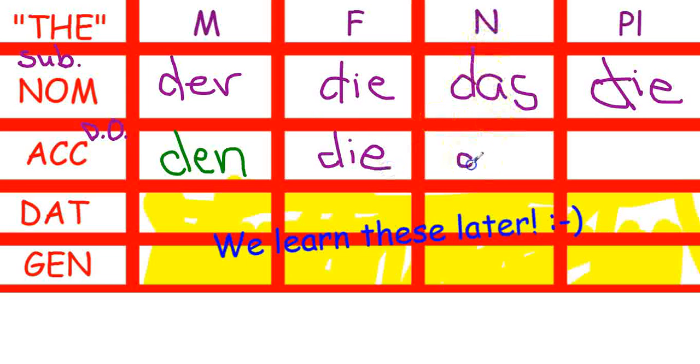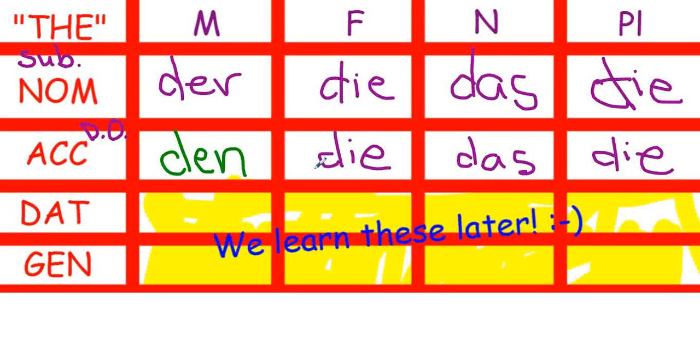Neuter doesn't change, it stays the same. And plural doesn't change, it stays the same. So, right now in German, we know how to say the four different ways. Der, die, das, den. All of these mean the.